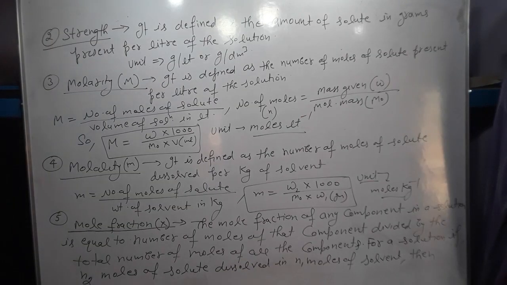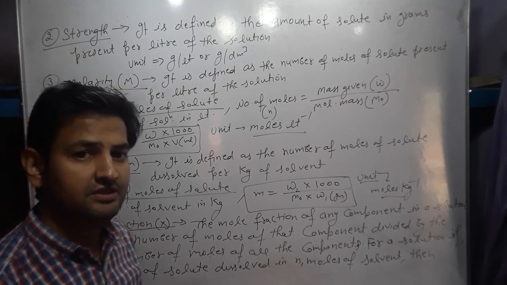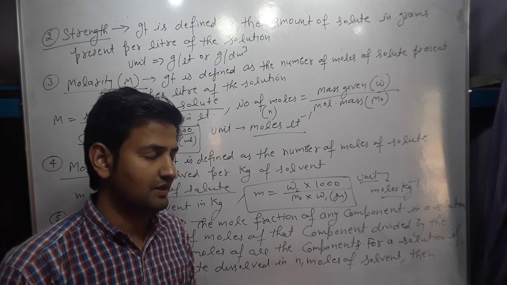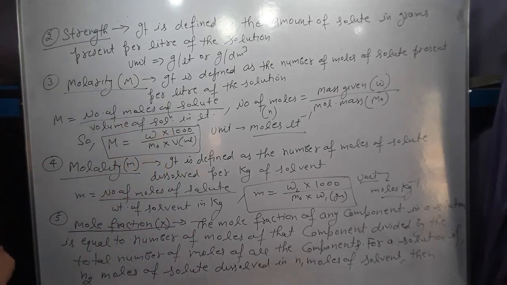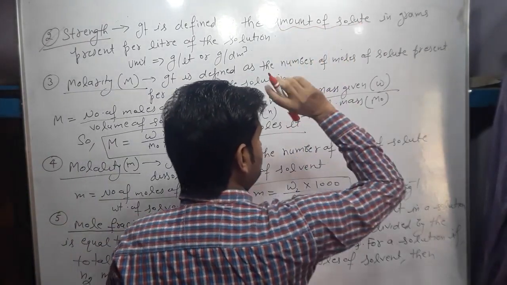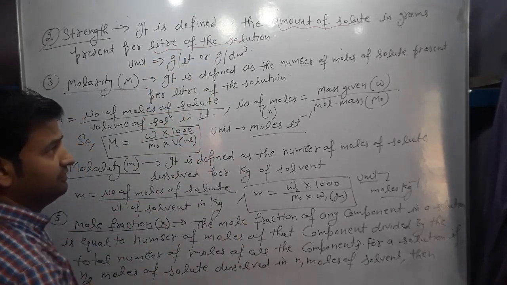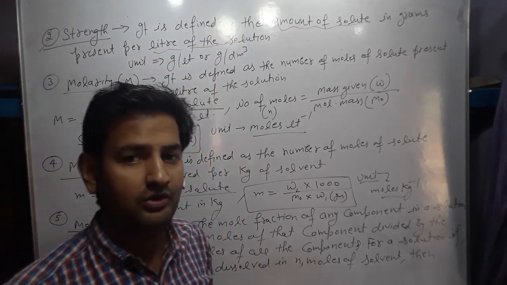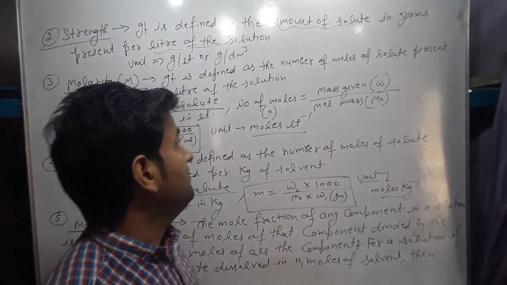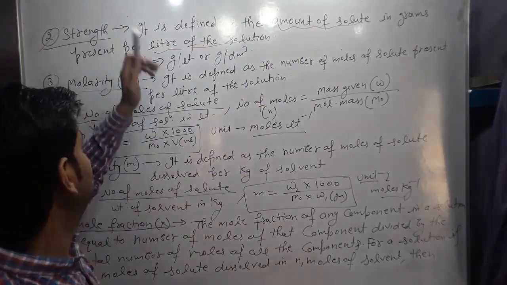Okay students, the first concentration term is mass percentage. The next term is strength. Strength is defined as the amount of solute in gram present in 1 liter of the solution. This ratio is called the strength.